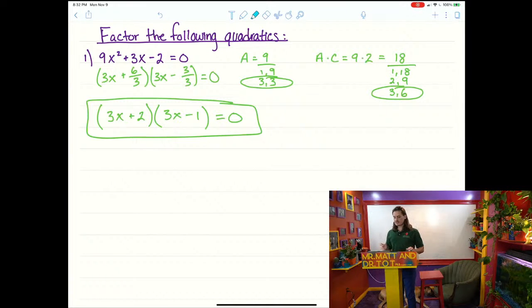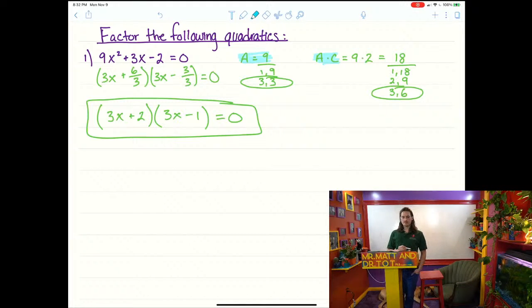Okay, so recognizing that our a value is equal to 9, we're going to find the factor pairs of a. So our factors of 9 are 1 and 9, 3 and 3. Our factors of a times c is 9 times 2, which is 18.